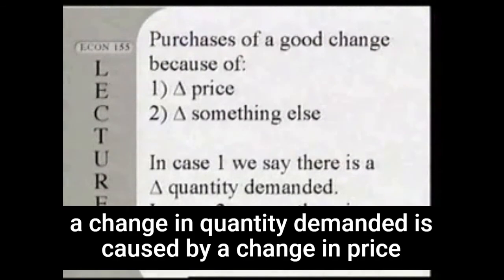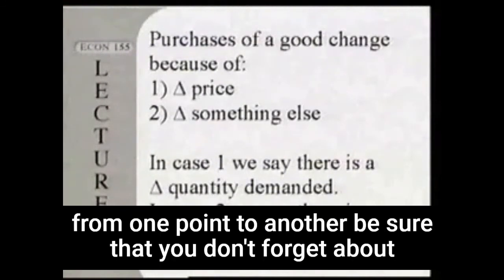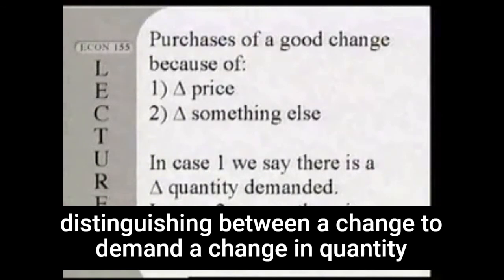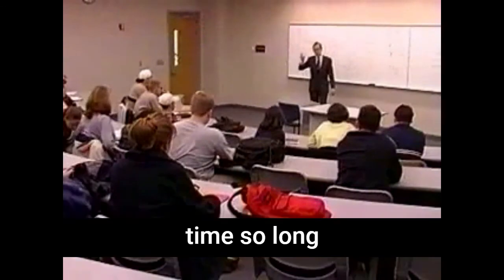A change in quantity demanded is caused by a change in price, and anything else that affects consumption shifts that curve from one point to another. Be sure that you don't forget about distinguishing between a change in demand and a change in quantity demanded. And that is what I will start talking about next time.